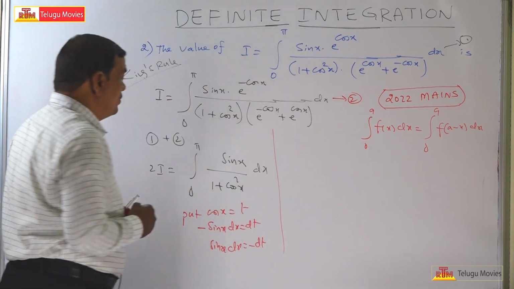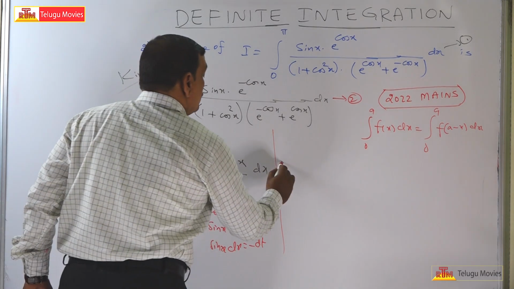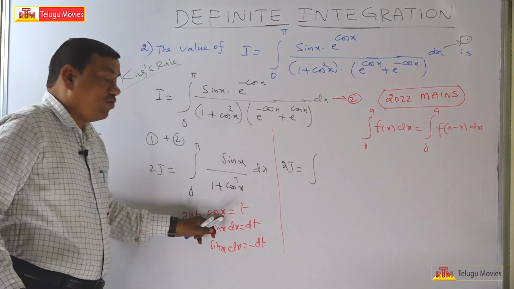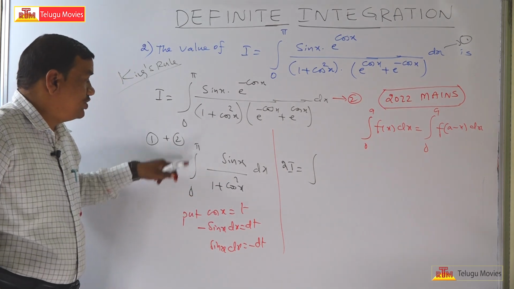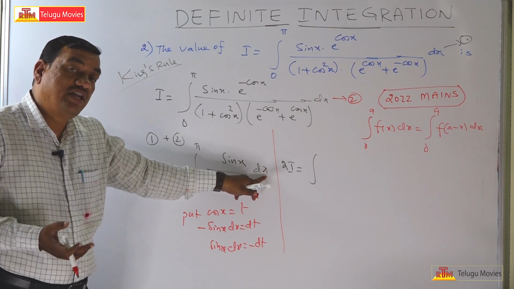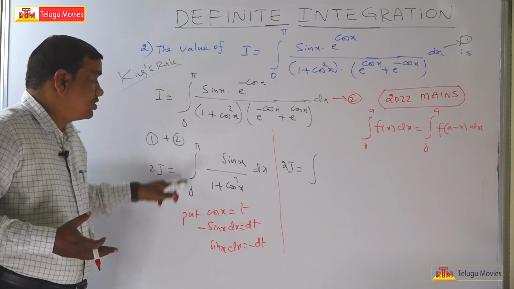Okay now the upper limit and lower limit will also change. So 2I is equal to integral. These limits, 0 to pi, are for the variable of integration, which is x. Therefore x belongs to 0 to pi.